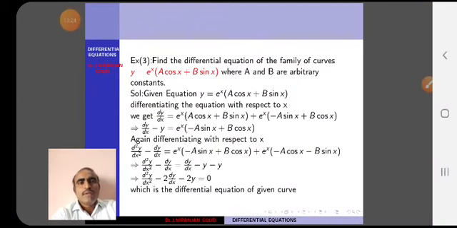And one more example. Find the differential equation of the family of curves y = e^x (a cos x + b sin x), where a and b are arbitrary constants. Here there are two arbitrary constants, so we are allowed to differentiate the given equation two times.